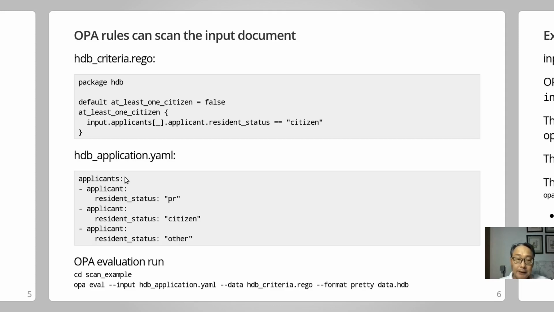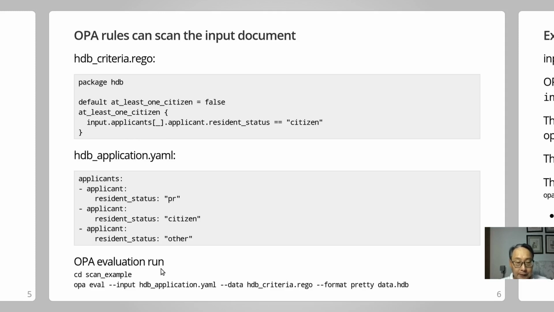The many applicants make up one application, and you have 3 applicants here. One is a PR, one is a citizen, and one other. So what does this rule say? This rule says there should be at least one Singapore citizen, otherwise the rule will prove false. The default is false.